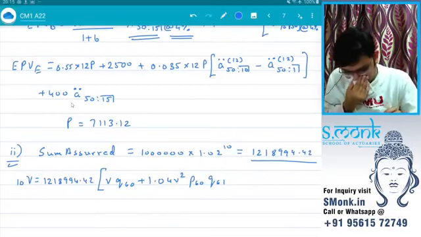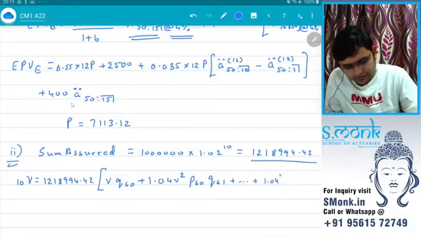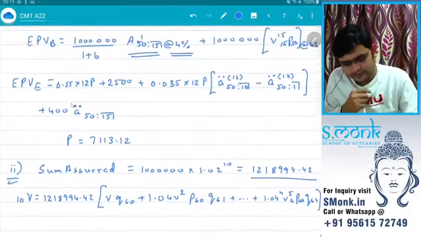Here we would have to write all 5 values, so we'll just say and so on, up to 1.04 raised to 4, v raised to 5, 4p60 q64. This is going to be my last value.